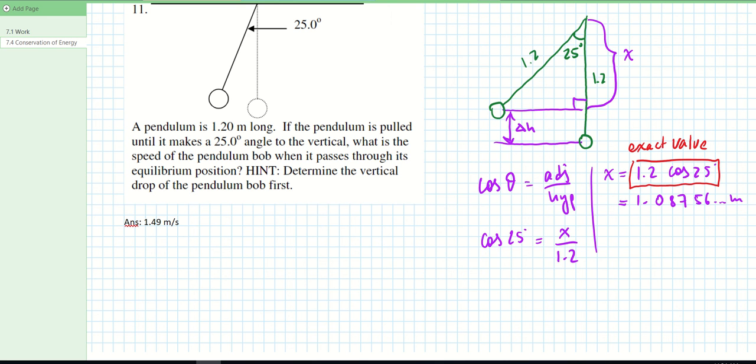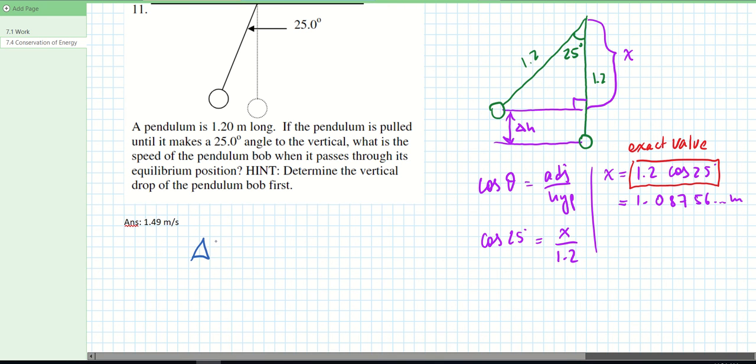Now in this case, we're looking at change in potential energy to change in kinetic. So we're looking at the equation that states that if you have positive change in potential energy, so delta E potential is going to equal negative change in kinetic energy.